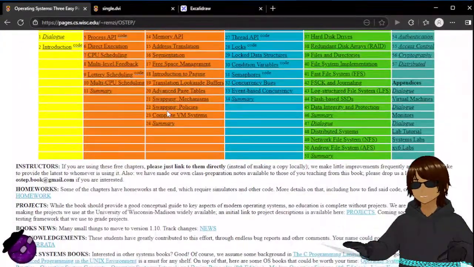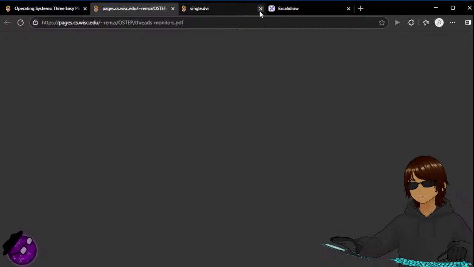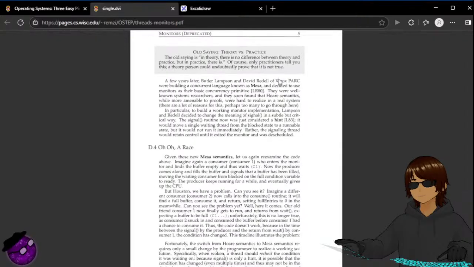Yeah, that was the last chapter I wanted to read. Should I read this deprecated chapter as well? It's about monitors. How long is this? There's also 13 pages.